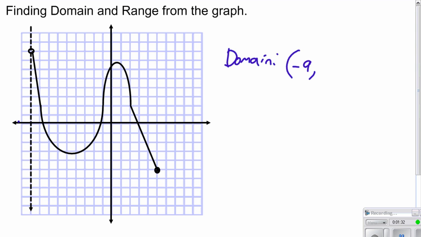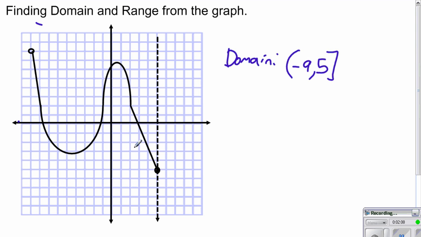And then the rightist, furthest to the right that the graph goes, stops right here, which is 1, 2, 3, 4, 5. So it goes to 5. And that's the rightist, the furthest to the right the graph goes. Since it's a closed circle, you put a square bracket, and that's your domain in interval notation.